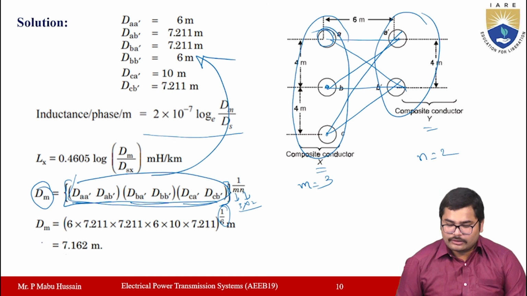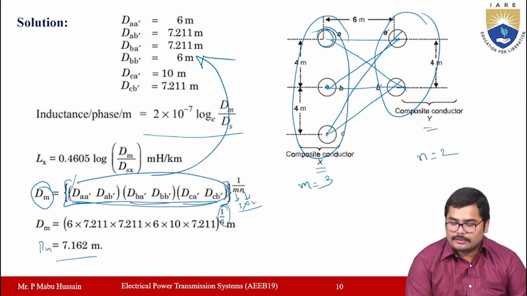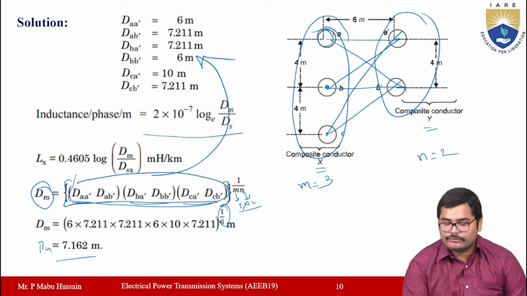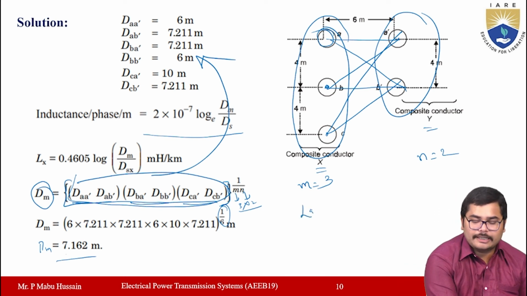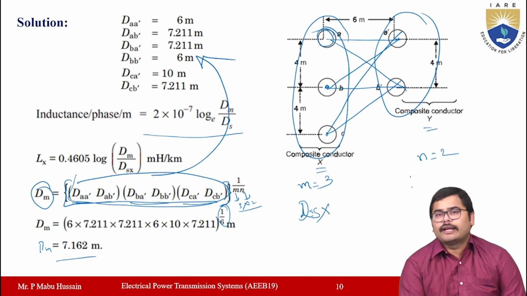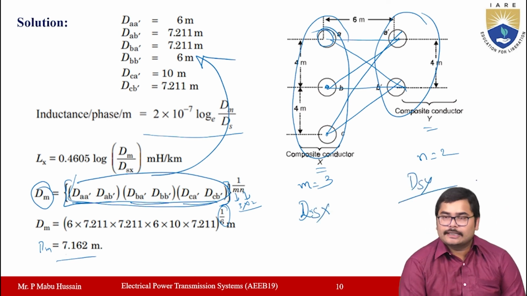Then you have to find out the self GMD of side X and the self GMD of side Y. Okay, so how can you calculate it? The self GMD of side X is represented with dsx and the self GMD of Y you can represent with dsy.